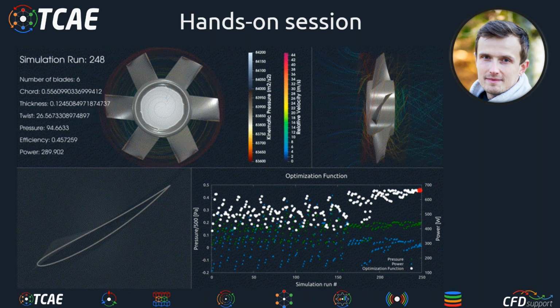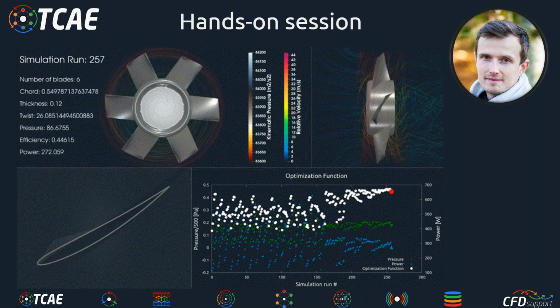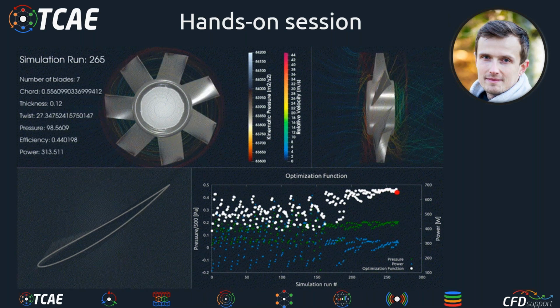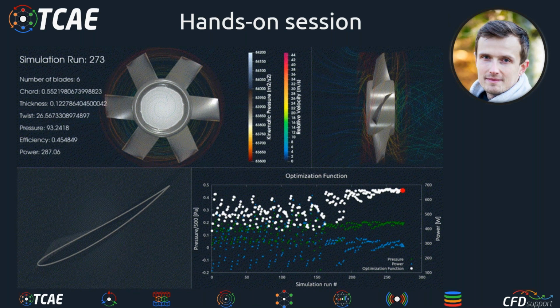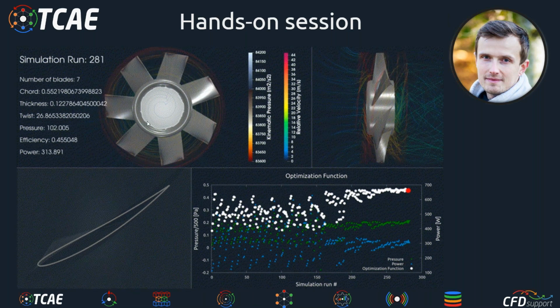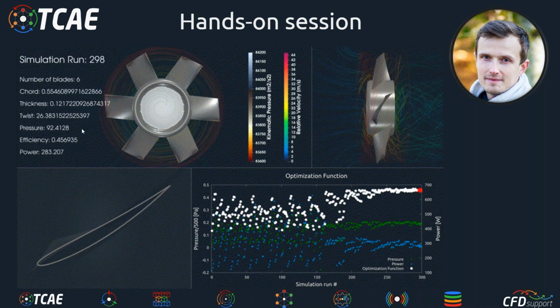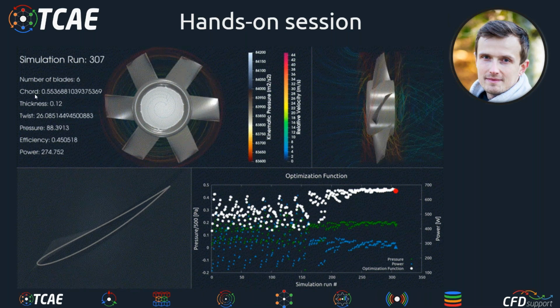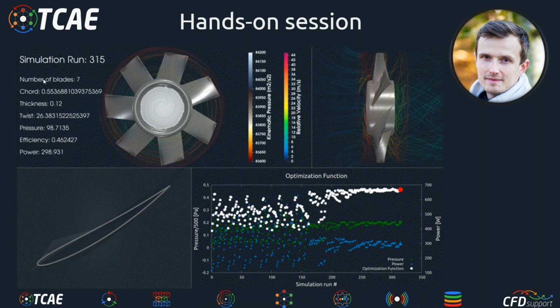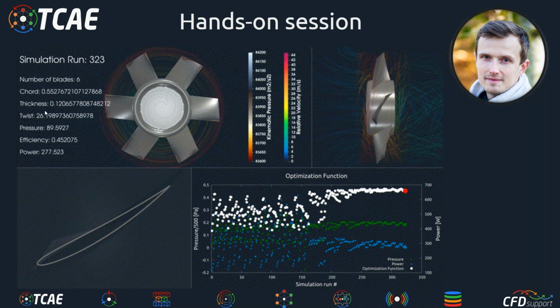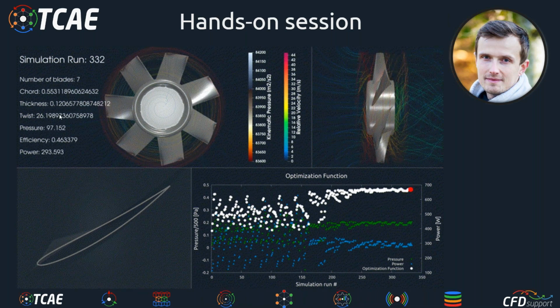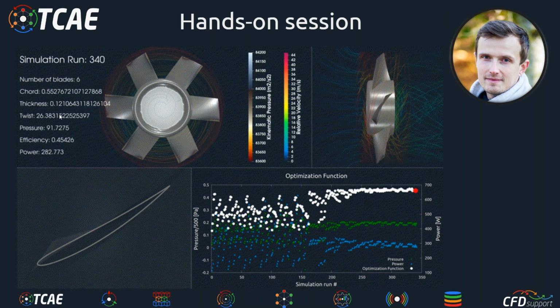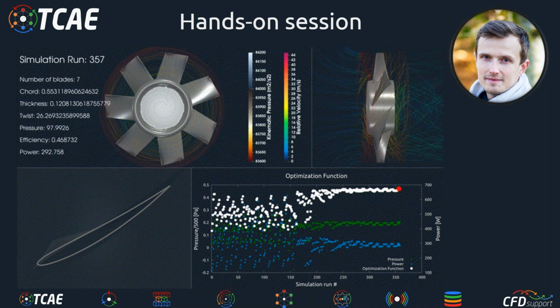The third point is that we have chosen a couple of parameters for this optimization, right? As you can see, I hope you can still see this little animation. There is the number of blades and the short thickness twist. Those are the 4 parameters we have chosen. Of course, you can pick any parameters and any number of parameters.